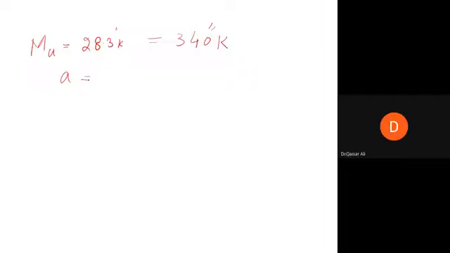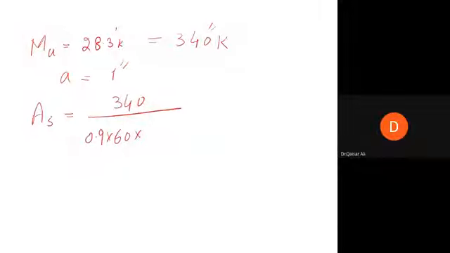Let's say we assume small a equal to 1 inch, and we calculate As as Mu divided by 0.9 Fy into d minus a by 2. d was 8.5, we discussed in the last lecture, minus 1 divided by 2. 8.5 minus 0.5 will become 8.